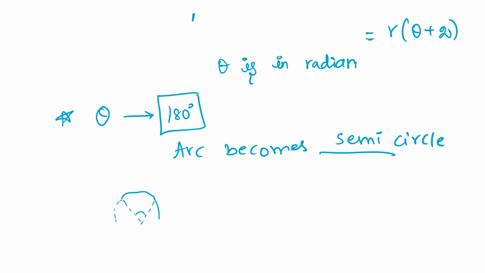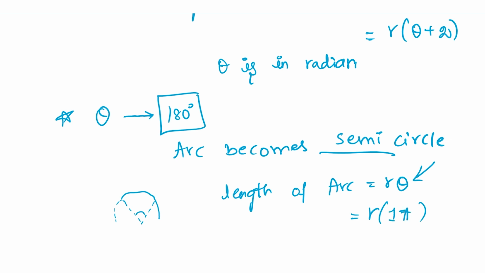We already know that the length of the arc is r times theta. Theta in this case will be 180 degrees, but theta is in radians. 180 degrees means how many radians? 1 pi.